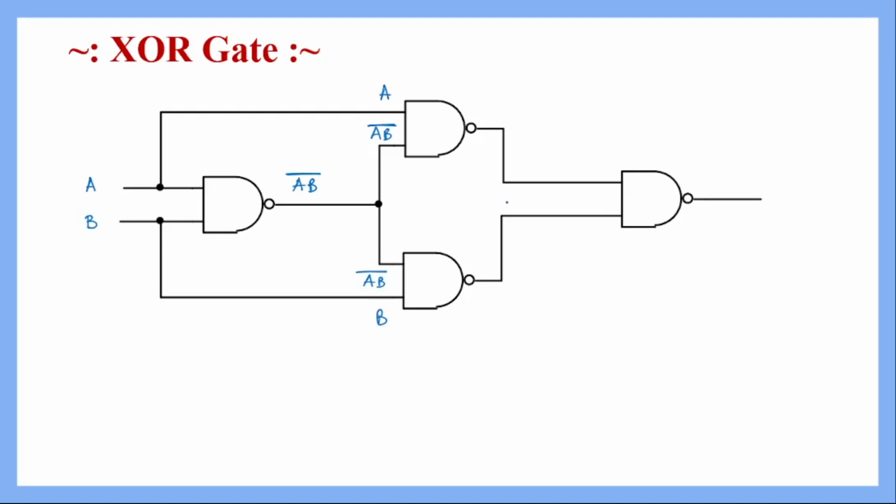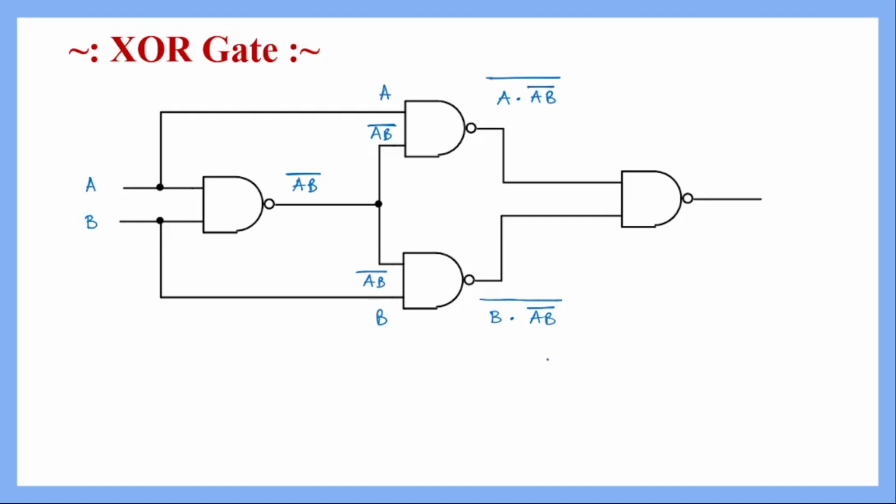Then we have to see what the outputs of the second and third NAND gates will be. For the second it will be the AND operation between a and ab complement first, and then NOT, so whole complement. For the third NAND gate it will be the AND operation between b and ab complement first, and then we perform NOT, so that will be the NAND output.